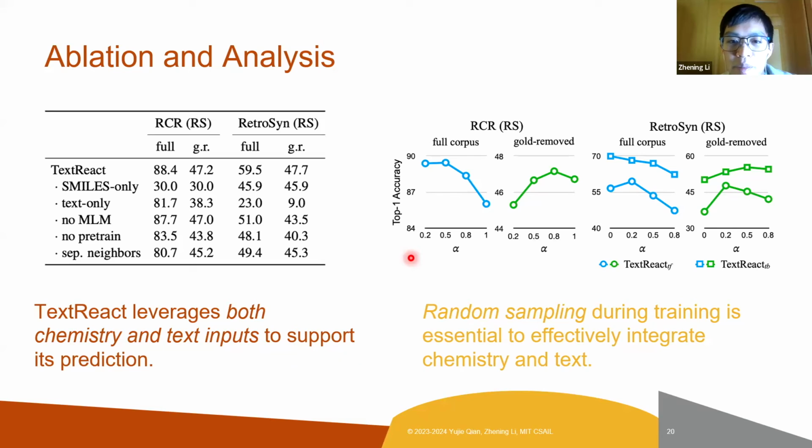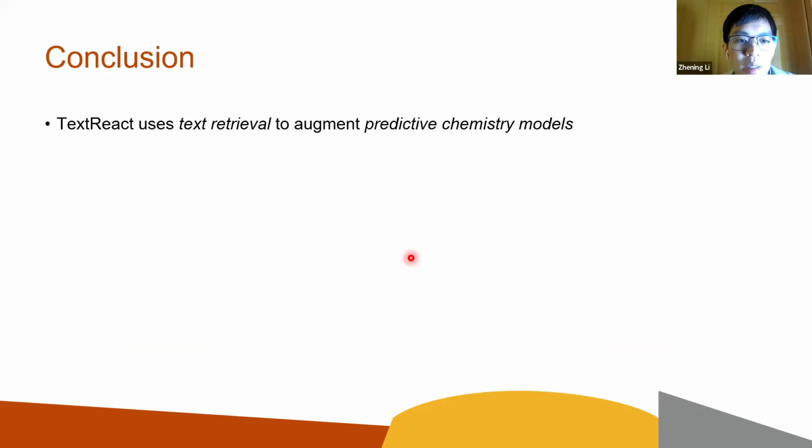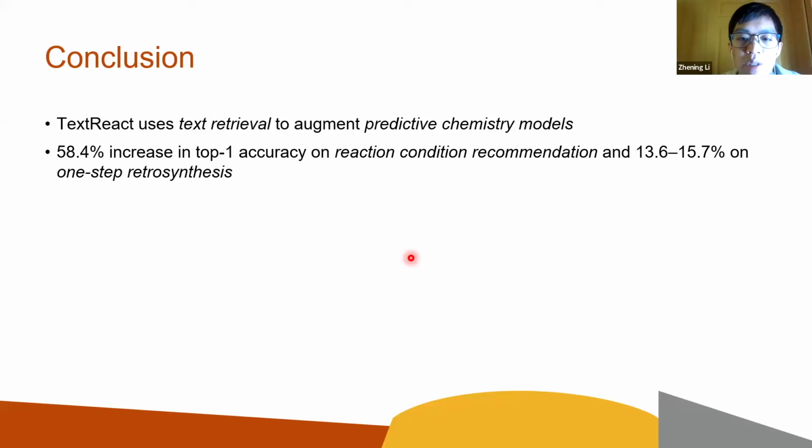So to conclude, we have proposed this model called TextReact, which uses text retrieval to augment predictive chemistry models. We have tested our model on 2 specific predictive chemistry tasks, including reaction condition recommendation and one-step retrosynthesis.